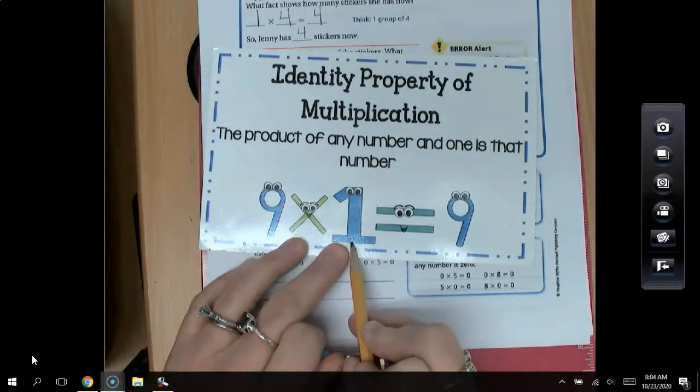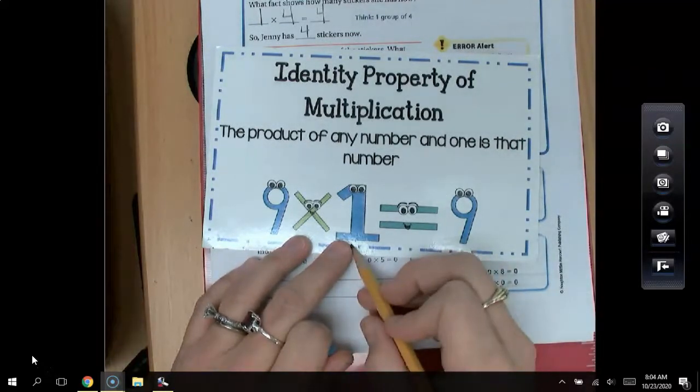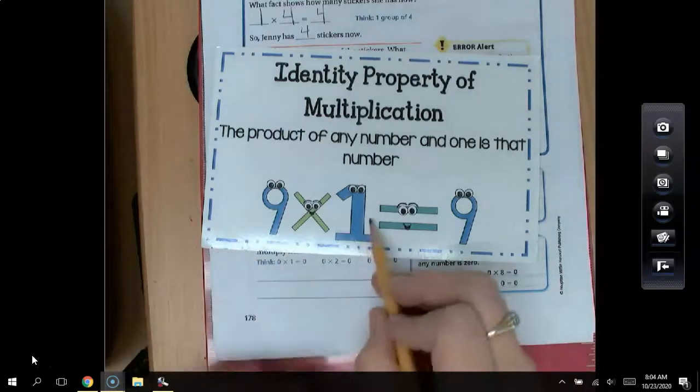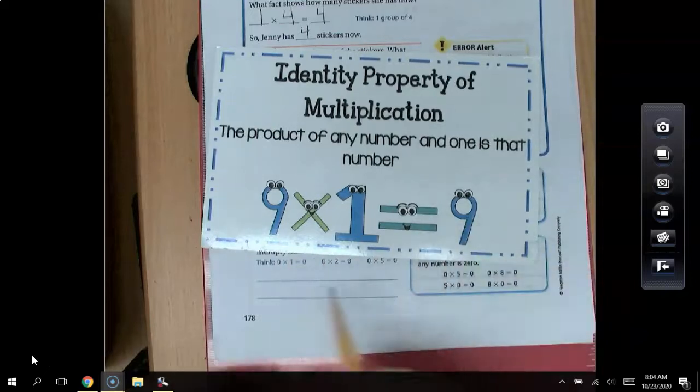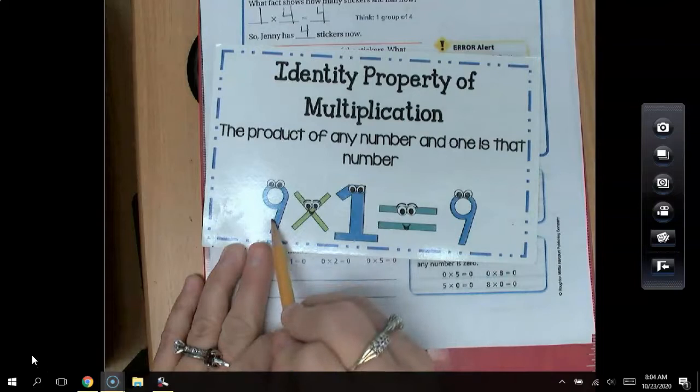Any multiplication problem that has a 1 in it is the identity property of multiplication. So 9 times 1 equals 9. Any number times 1 is always that other number.